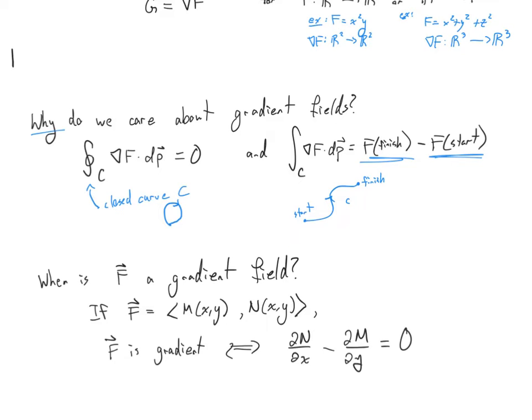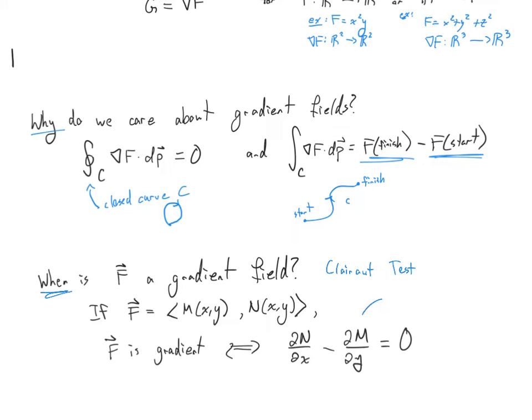As soon as you know that gradient fields are nice, your goal should be to identify when something is a gradient field. So when do we get a gradient field? We said we can use the Clairaut test, that says if f is M comma N, so I'm writing two coordinate functions, one for the x component of f and one for the y component of f, then f is a gradient field if and only if the quantity dN dx minus dM dy is equal to 0.